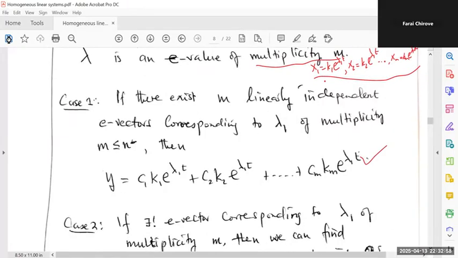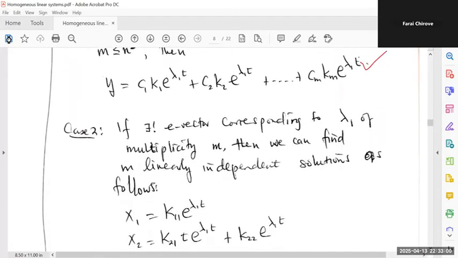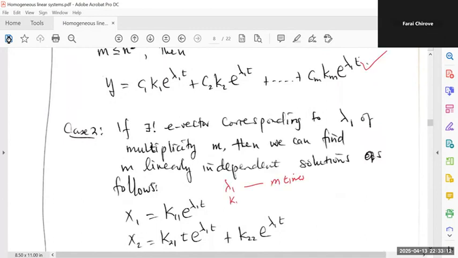All right. So now let's say we have this lambda 1 and it is repeated m times, it has multiplicity m, and then it only gives us k1. But remember, it is repeated m times. We are expecting to get m linearly independent eigenvectors, but now we're just getting one. So we are short of m minus one eigenvectors for our solution to make sense.